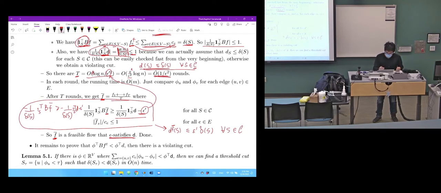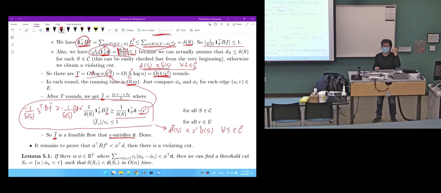So there are 1 over epsilon squared polylog many rounds, and each round is super simple. It's just linear time, right? Because in each round you first compute the phi, and that takes n log n, or actually even n.